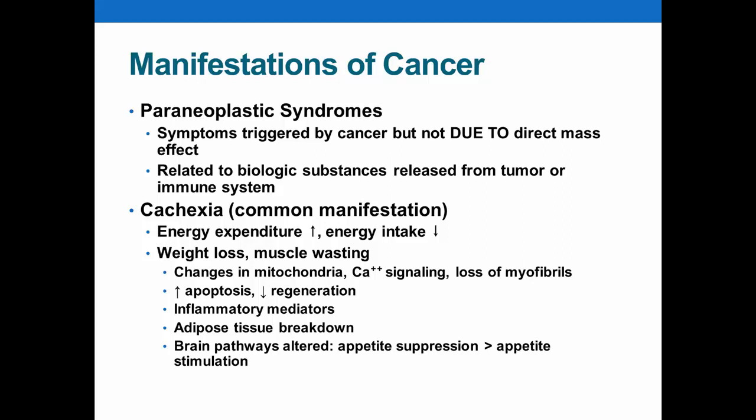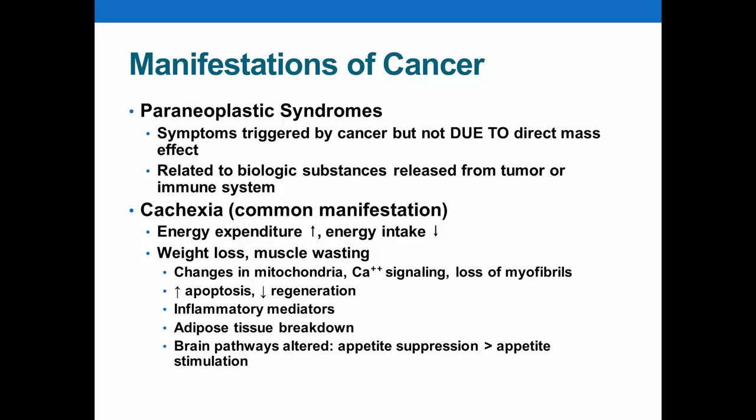And you'll see this in the loss of the myofibrils, the fibrils that are actually in our cells. We've talked a lot about an increase in apoptosis and a decrease in regeneration. This is going to cause further wasting because we have a lot of normal cell apoptosis and a decrease in normal cell regeneration.